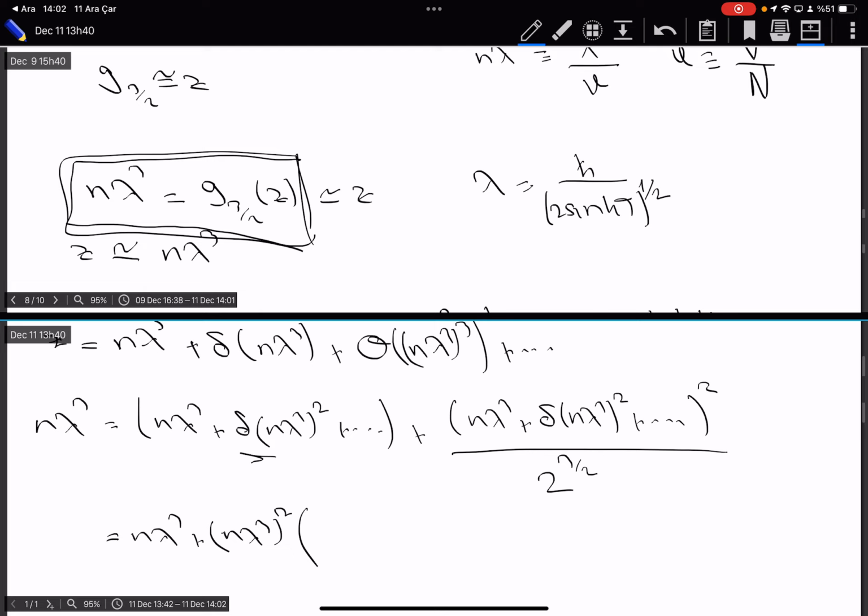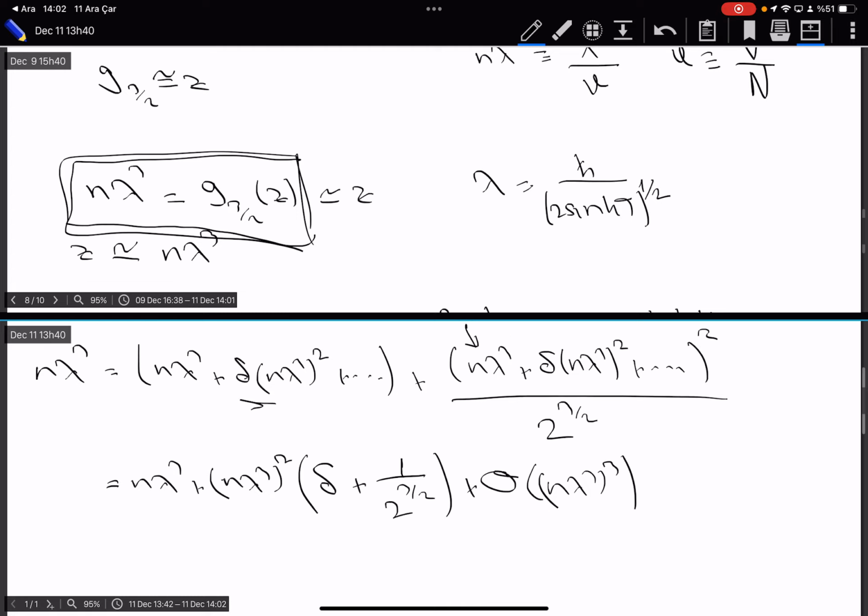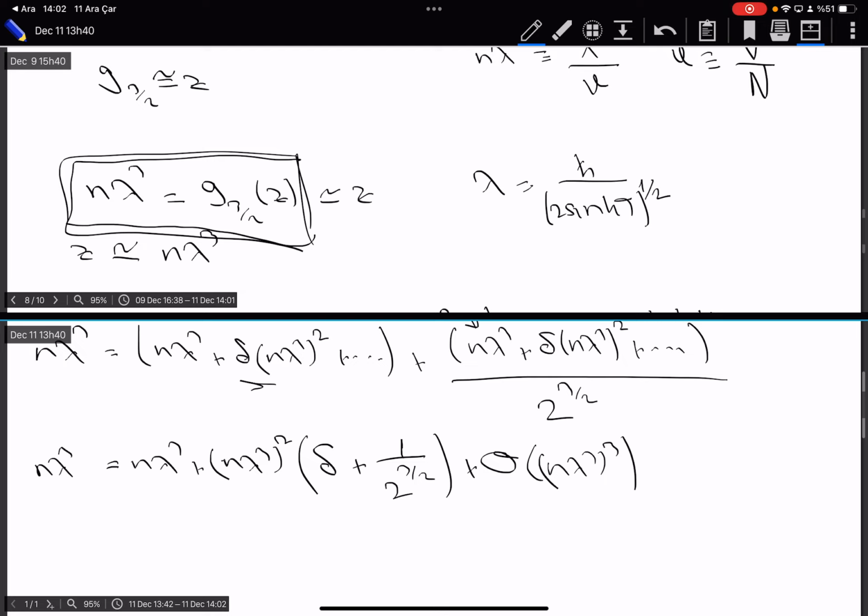There's this term of the order of (n lambda cubed) squared. There is also the contribution from this term, which is plus 1 over 2 to the power 3 halves, plus there are other terms of the order of (n lambda cubed) cubed, which I ignore. So for this equation to be satisfied, delta should be equal to minus 1 over 2 to the power 3 halves. So I know what delta is, which is the second term in the expansion of z in n lambda cubed.